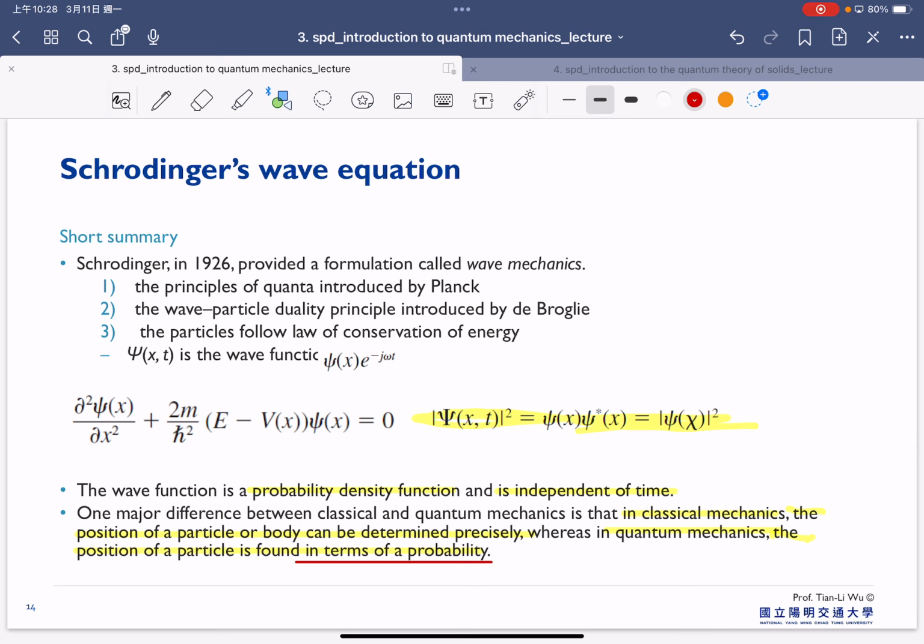So that's leading to the major difference between classical physics and quantum mechanics, because in classical physics, everything is precisely determined. But in quantum mechanics, we cannot determine the position precisely. What we can only know is the probability.